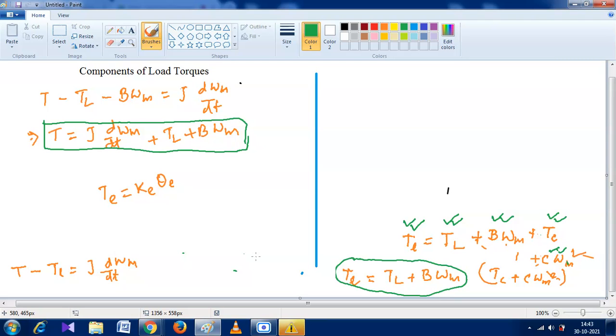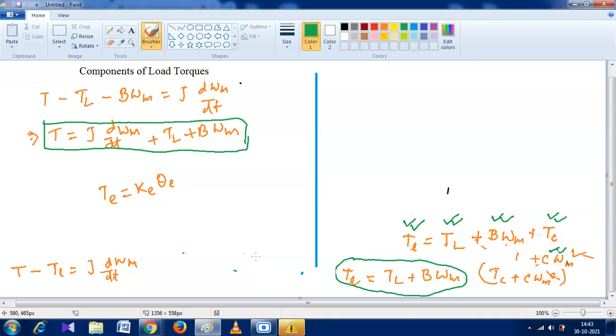Now sometimes we have seen the useful torque is proportional to the square of the speed. Sometimes it is proportional to speed.